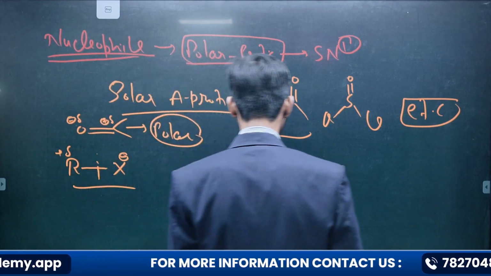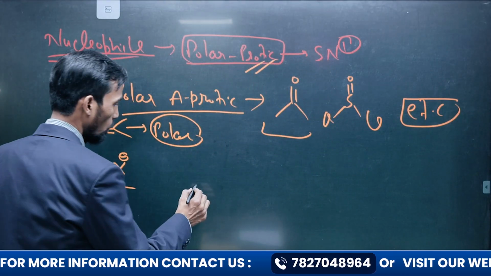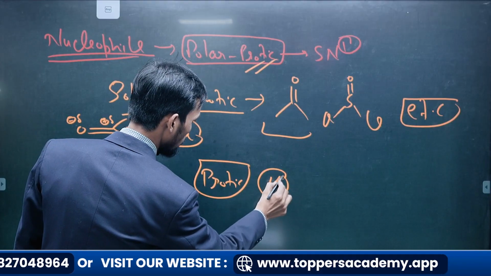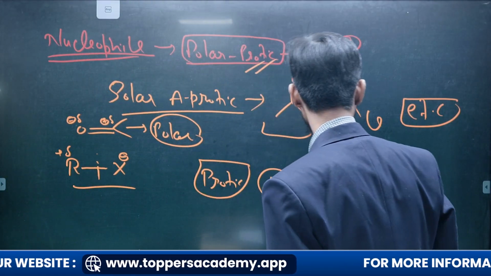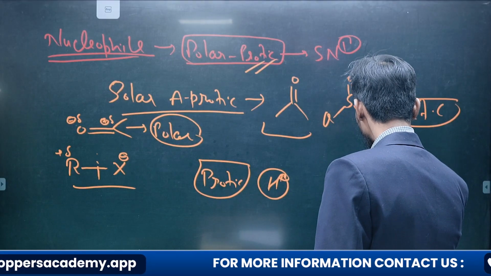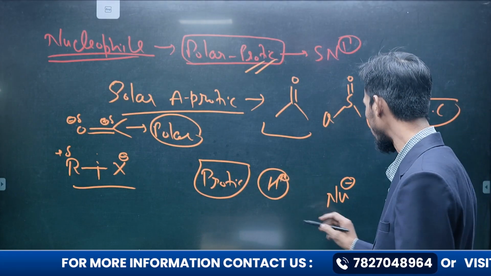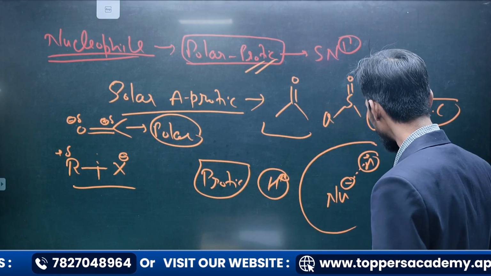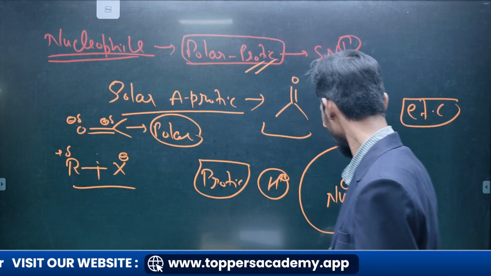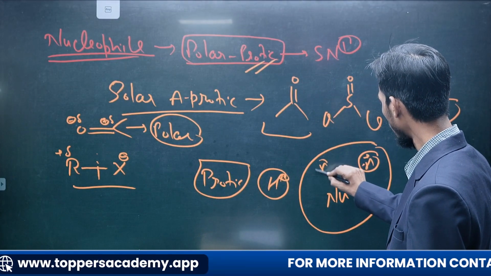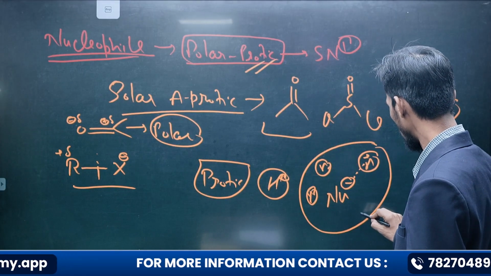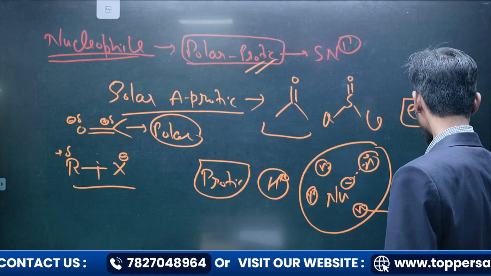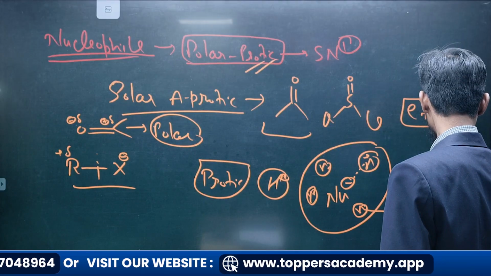But with a polar protic solvent, we have H. This H positive can diminish the nucleophilicity of the nucleophile by making a bond, because this H is of the polar protic solvent.